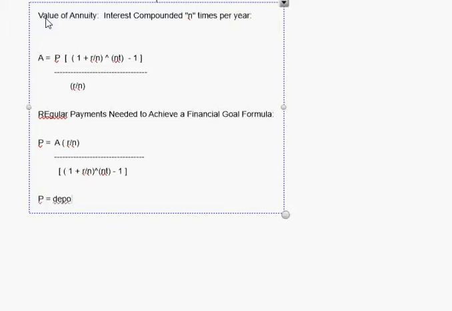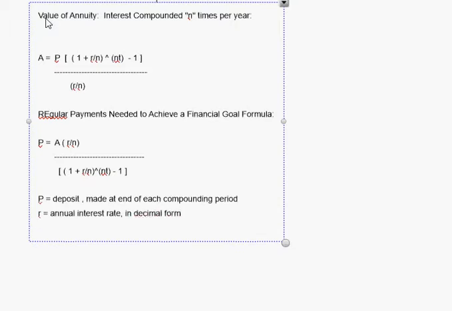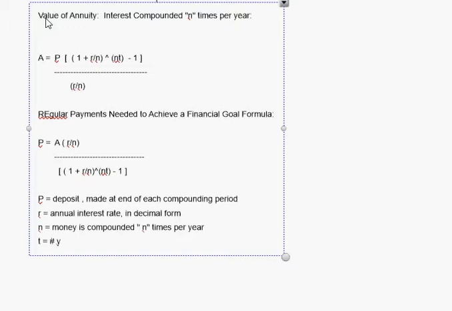P is the deposit made at end of each compounding period. R is annual interest rate in decimal form. N is money is compounded n times per year, and T is number of years.